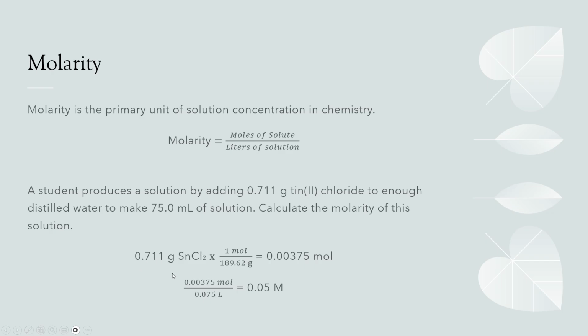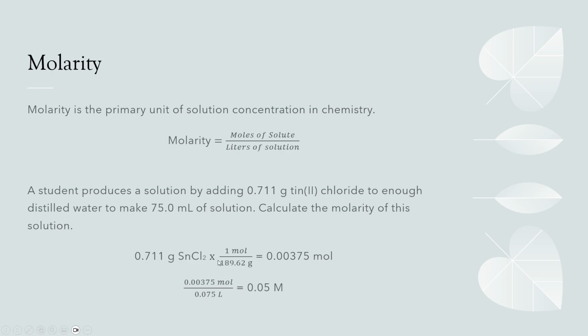So 0.711 grams of SnCl2 times 1 mole over 189.62 grams. And the 189.62 grams is the molar mass of the tin(II) chloride. So we cancel the grams out, and we get 0.711 divided by 189.62, and we get 0.0035 moles.